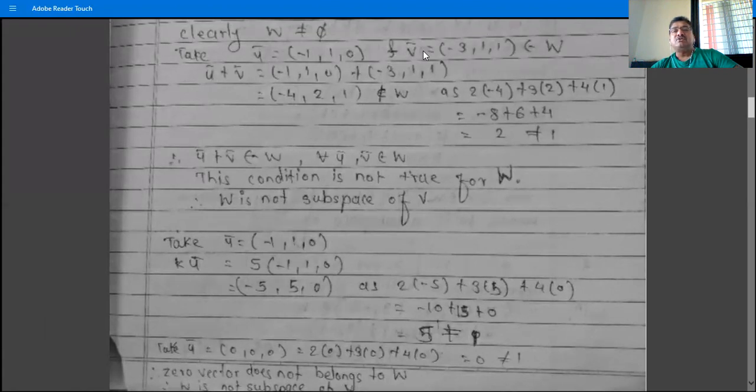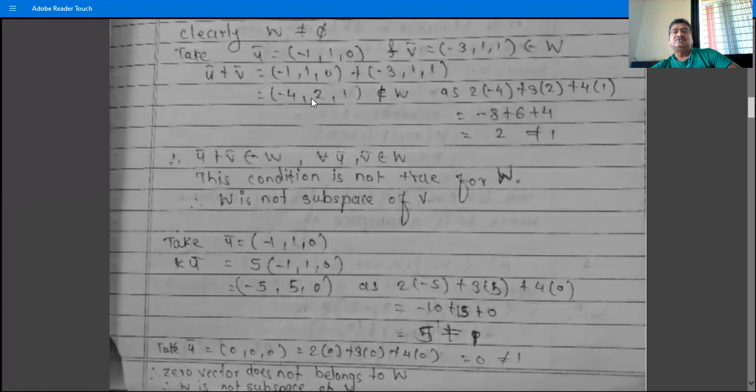Now, what is the addition of U bar and V bar? U bar is (-1, 1, 0) plus V bar is (-3, 1, 1), so the addition is (-4, 2, 1). And this is not an element of W because it does not satisfy this condition. 2 into -4 plus 3 into 2 plus 4 into 1 is -8 plus 6 plus 4, which is 2. It is not equal to 1.